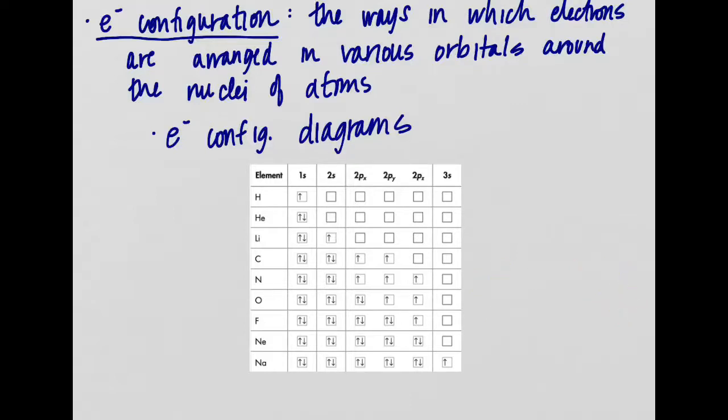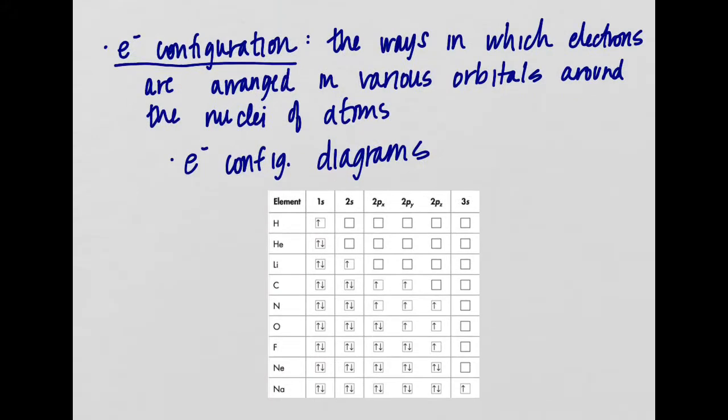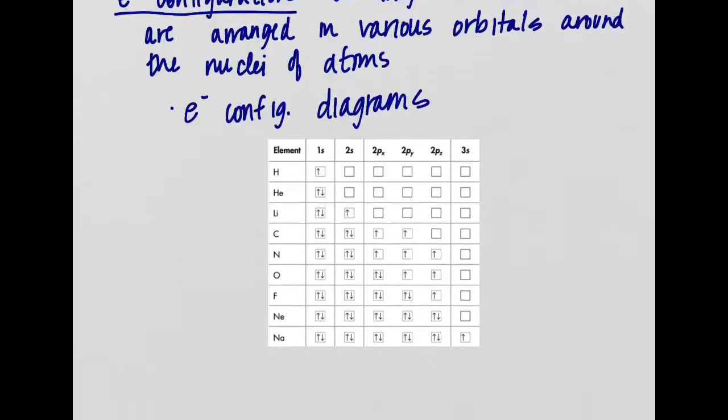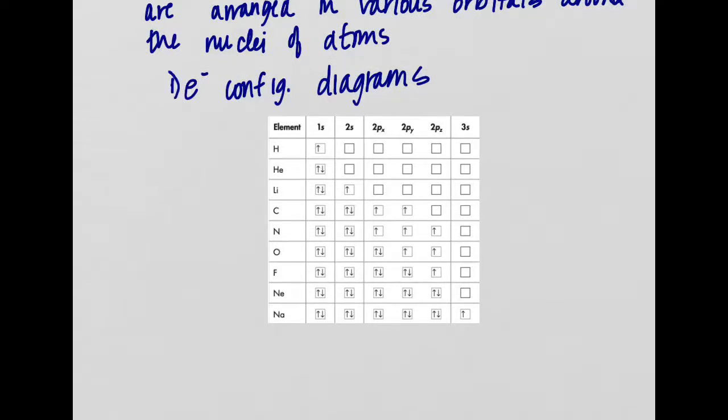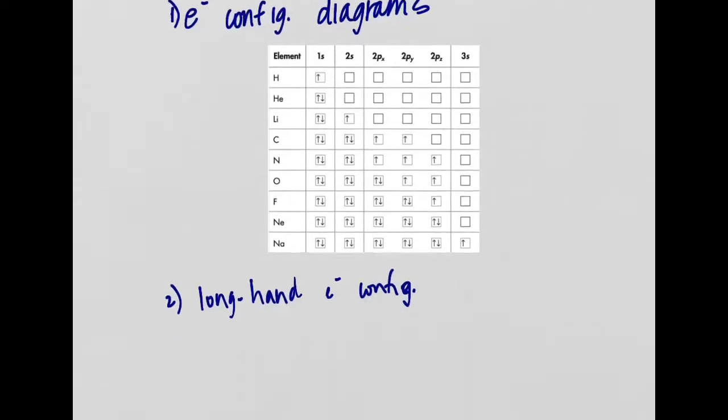Another way that we're going to learn to write these electron configurations is longhand. So the diagram is number 1, and number 2 is the longhand configurations. I'll write config.